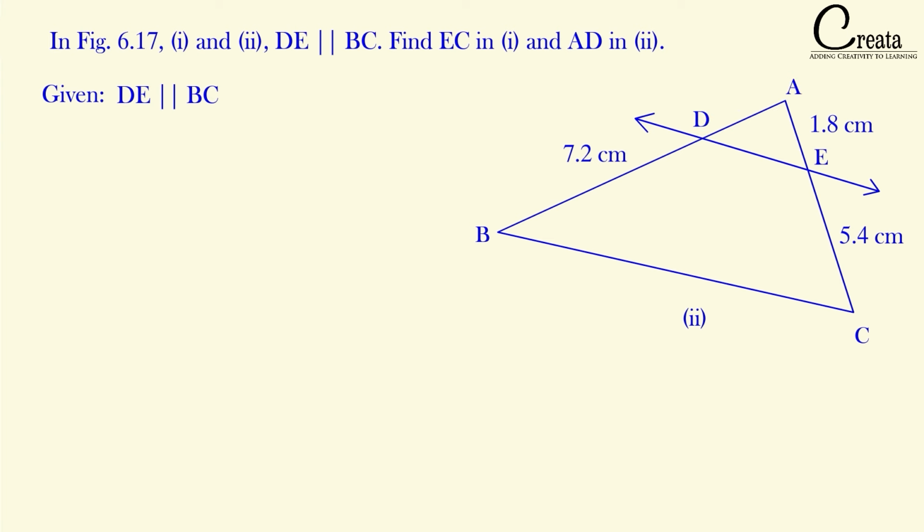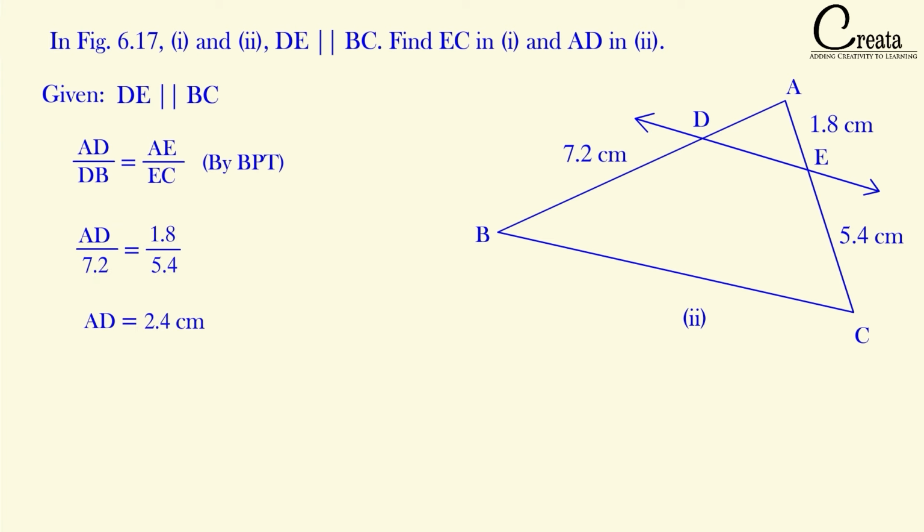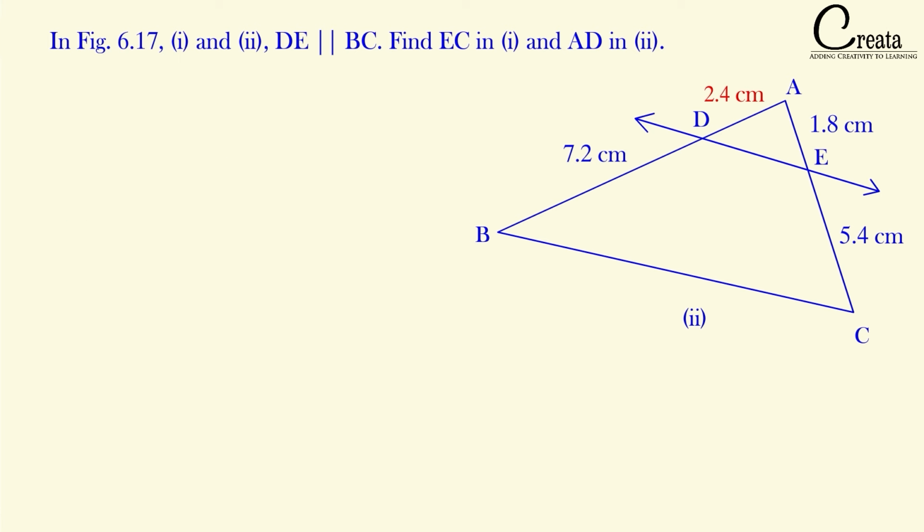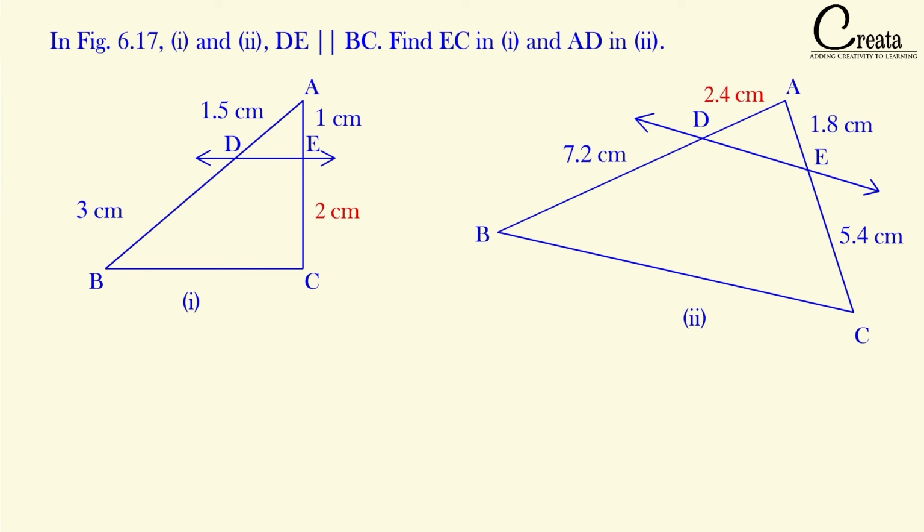So we can apply the BPT theorem because DE and BC are parallel to each other. We got AD upon DB is equal to AE upon EC as per the BPT theorem. Let's put the given value. On solving, we got AD as 2.4 centimeter. The simple mathematical calculation. So we got our answer as 2.4 centimeter. So we have solved for part 1 and part 2.